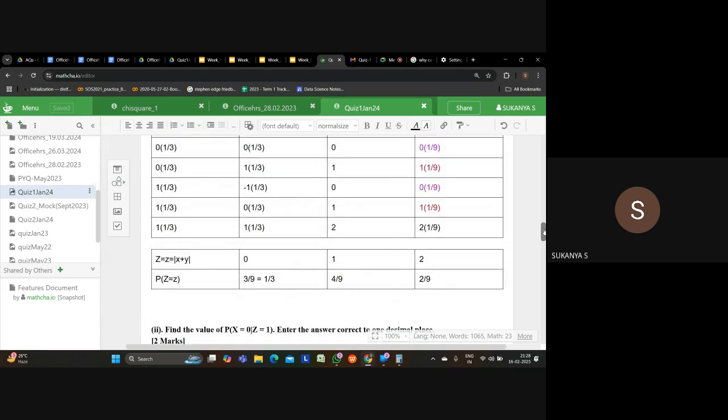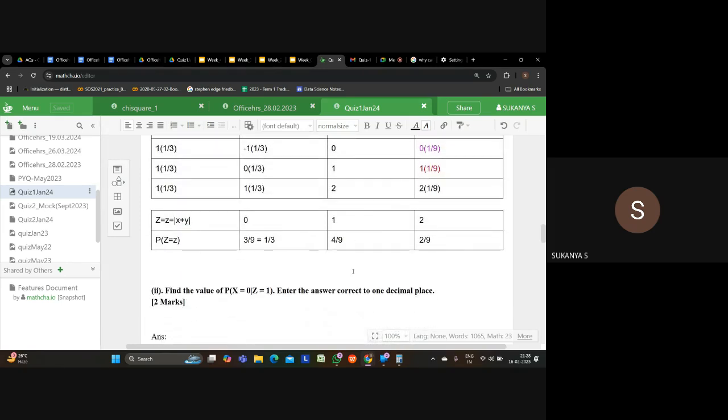Okay, the next is the probability of X equal to 0 given Z equal to 1. So you already know that the Z value is 1. Using the definition of conditional probability, it is the probability of X equal to 0 and Z equal to 1, divided by the probability of Z equal to 1, which you have here.